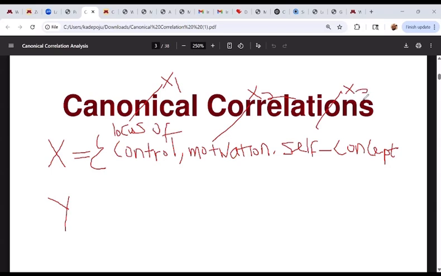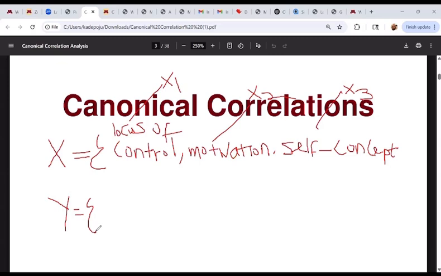Don't forget, when we're dealing with principal component analysis and factor analysis, we only have one set. But right now we want to have two sets. So let me call Y the scores of students.